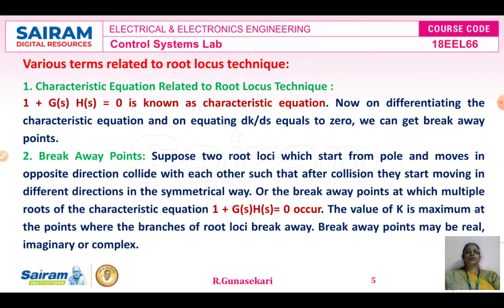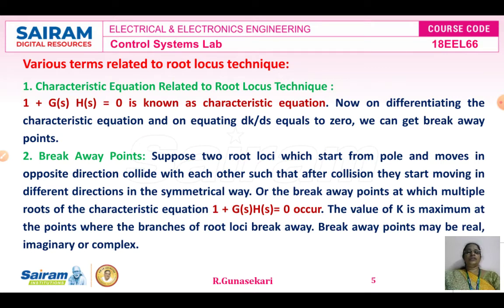Suppose two root loci which start from the poles and move in opposite directions collide with each other such that after collision they start moving in different directions in a symmetrical way.